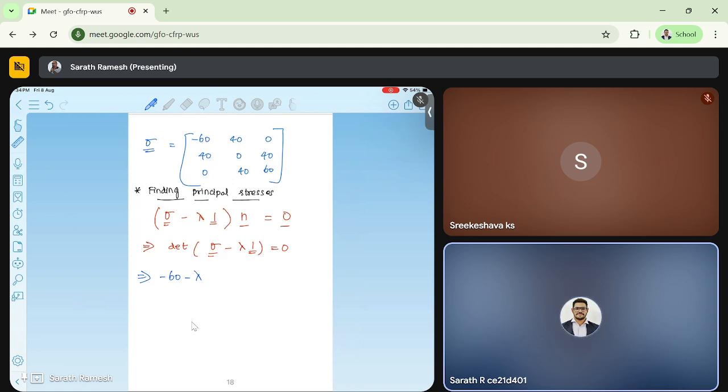We will have two matrices: minus 60 minus lambda, 40, 0; 40, minus lambda, 40; 0, 40, 60 minus lambda. Now the determinant of this is 0.